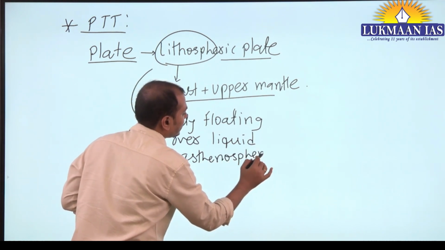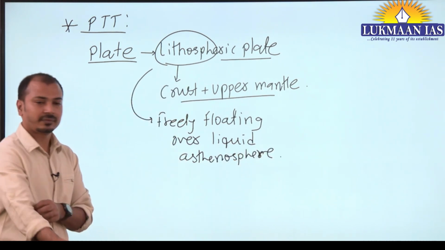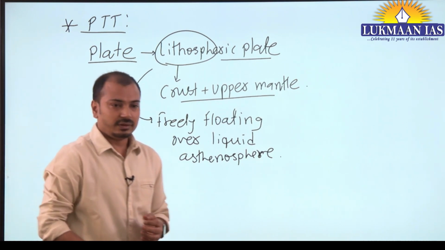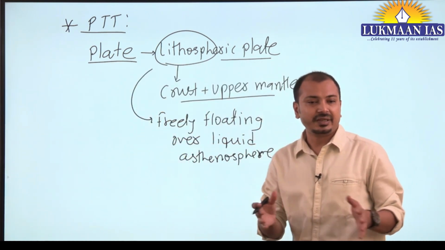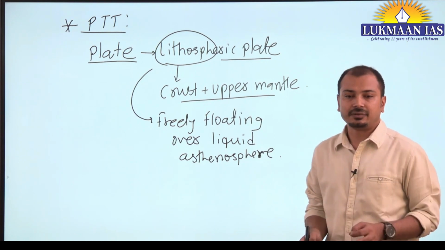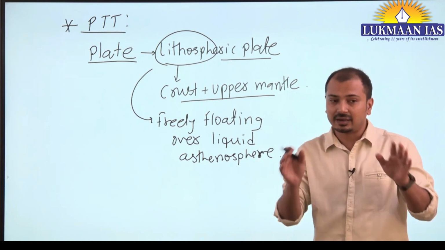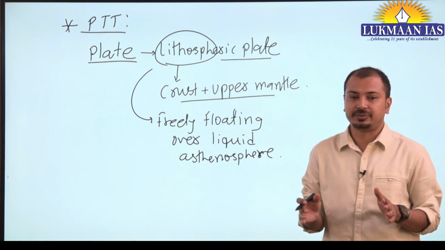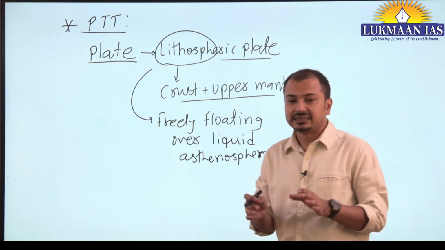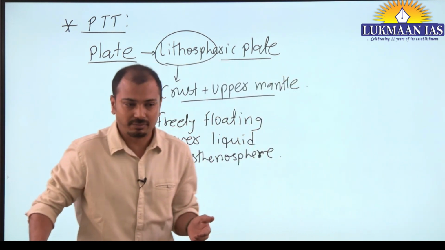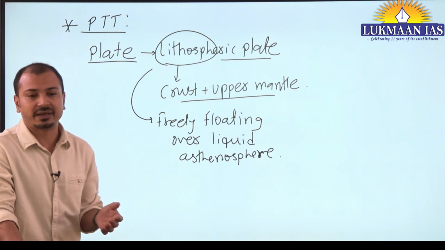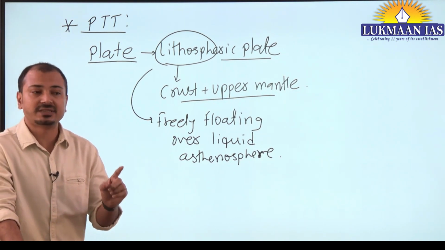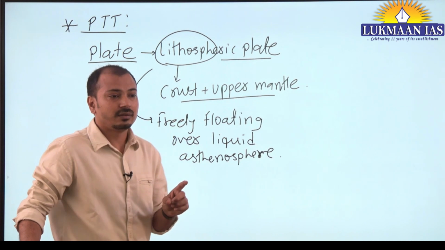This is the main premise of this theory. In that particular diagram, we talked about the asthenosphere. It is there in the upper mantle part. This asthenosphere is liquid. Why was it liquid? Radioactivity.